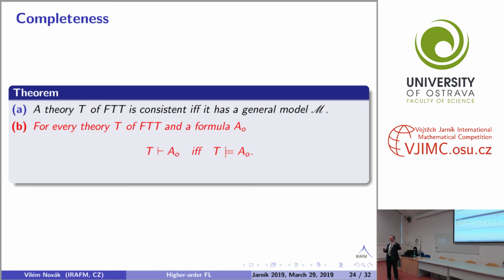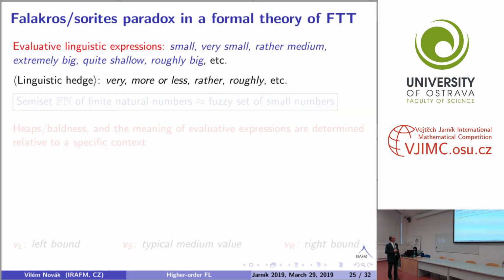So we have provability, and provability means true in a degree 1. But of course, we can have formulas which in a given model have truth value smaller than 1. But then we cannot speak about provability of such a formula. It has only some truth value, and provability concerns only truth value 1.